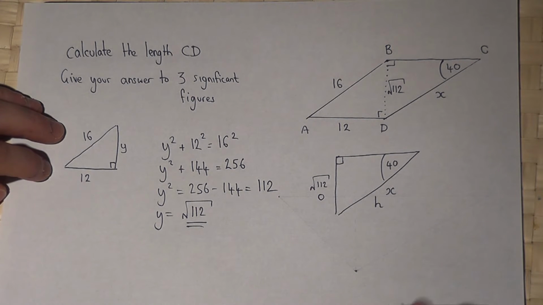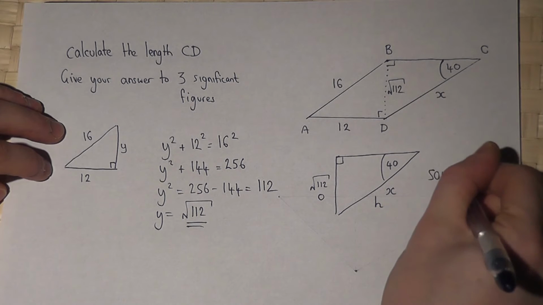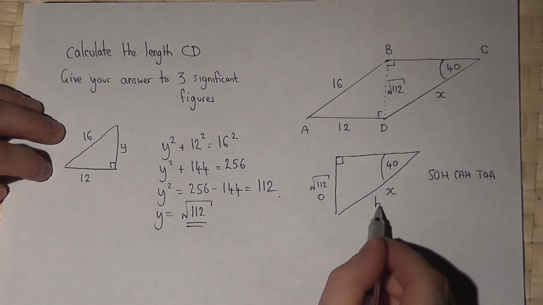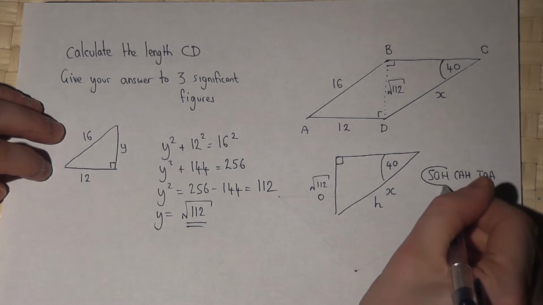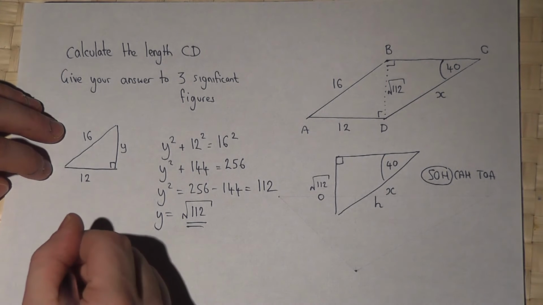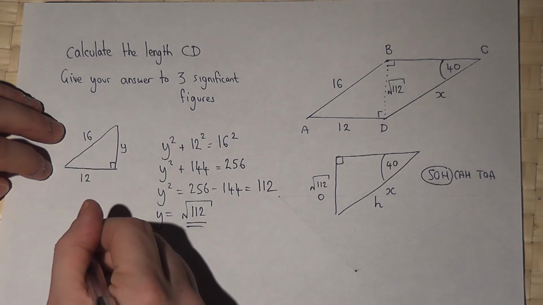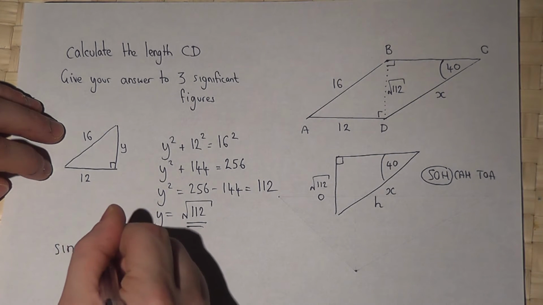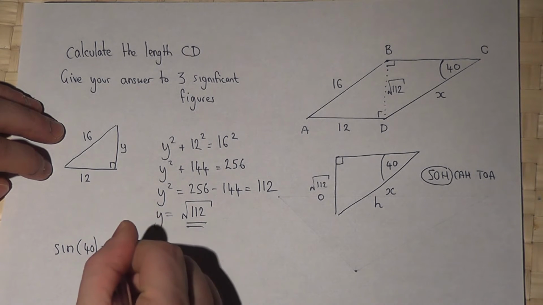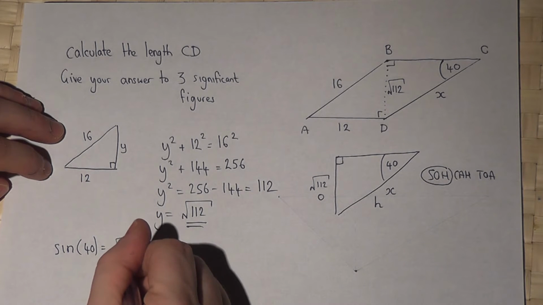Now if I consider SOH CAH TOA, then opposite and hypotenuse come with sine. So if I come back over here now, I know that sine of my angle of 40 must equal the opposite, which is root of 112, all over x.